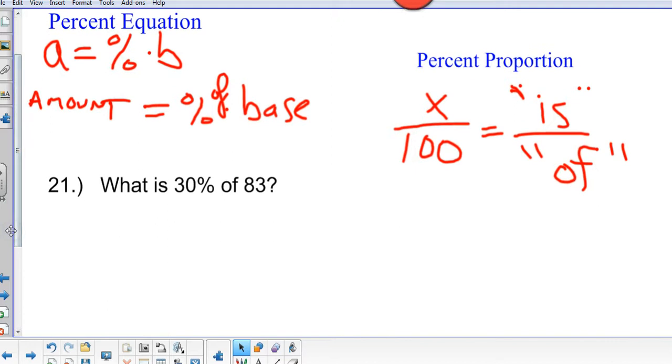And we'll take a look at this example here, 21. That's a weird number to start with. But 21, so what is 30% of 83? And so what I needed to do is determine what these parts are. So I'm going to figure out what the A is, the percent is, and the base is.